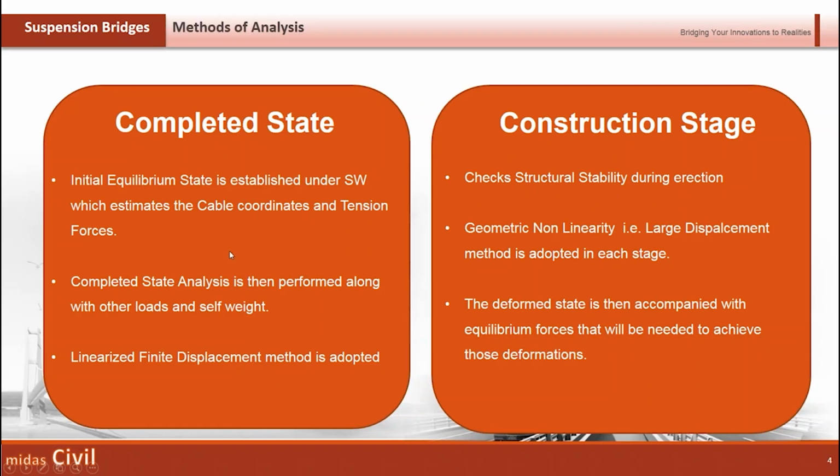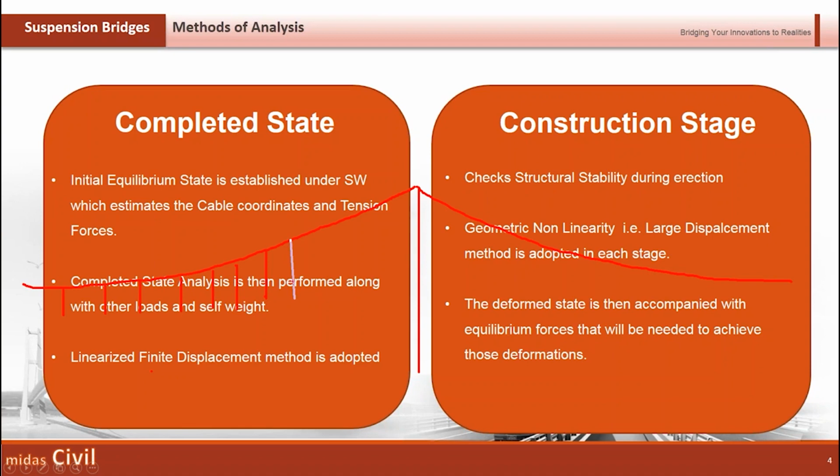So let's start with the introduction of suspension bridges. As you already know, a suspension bridge has a deck suspended by a cable. If this is a pylon, we have cables on both ends, and the deck is just suspended from the hangers.